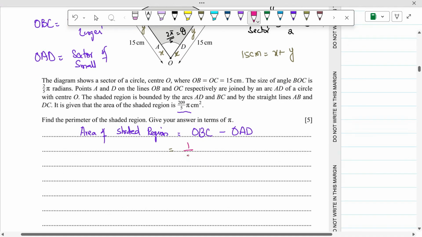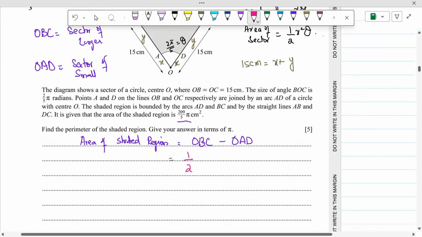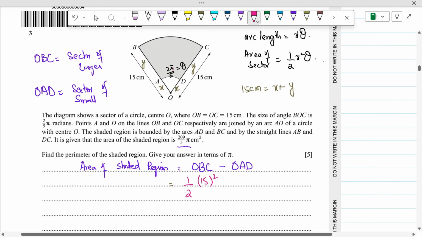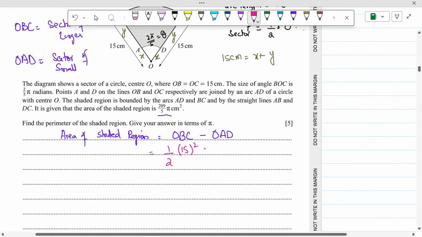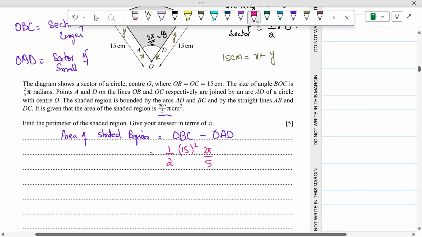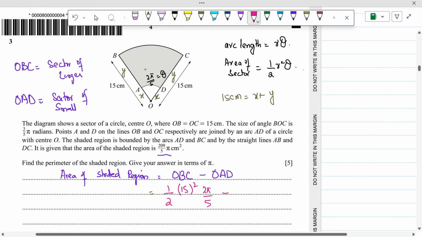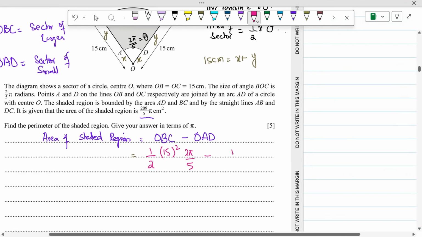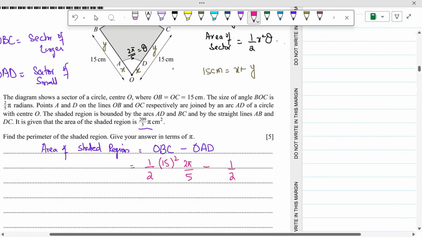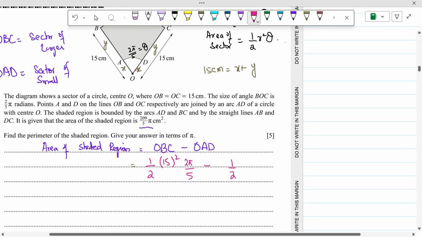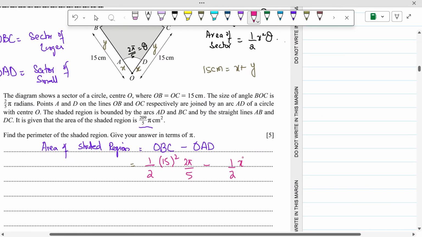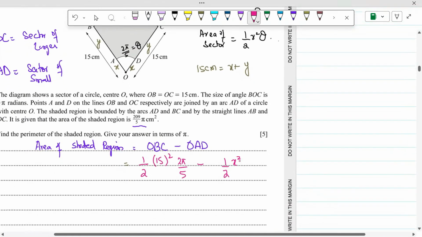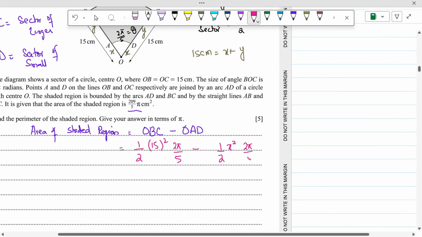So we can write 1 over 2 times the radius squared, meaning 15 squared, times theta, which is given as 2 pi over 5, minus the area of the small sector OAD, which has the radius X. So the area of the small sector is 1 over 2 times the radius squared, and the radius of the small circle is X. So X square times theta, which is the same, 2 pi over 5.